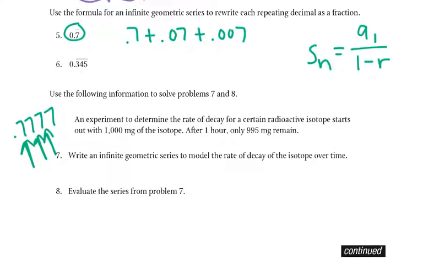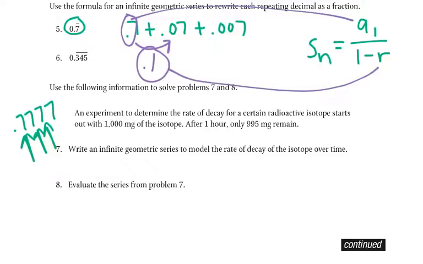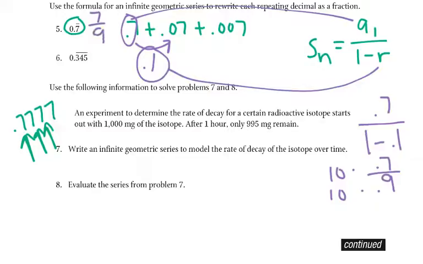So how do we get from this to this? By timesing by 0.1. So there's our a sub 1, there's our r, so then we'd go 0.7 divided by 1 minus 0.1. 1 minus 0.1 would be 0.9. 0.7 over 0.9. We could times them both by 10. That would give us 7/9.